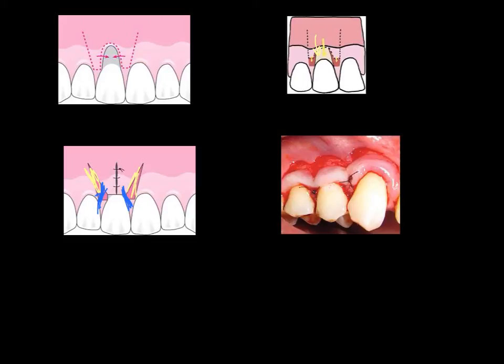After approximately 3 months of healing, the tissue can be coronally repositioned as a second stage surgery. But if the keratinized tissue or the gingival tissue is of the thick biotype, which should be at least 3 millimeter in thickness, then the tissue can be coronally repositioned as a one-stage technique.